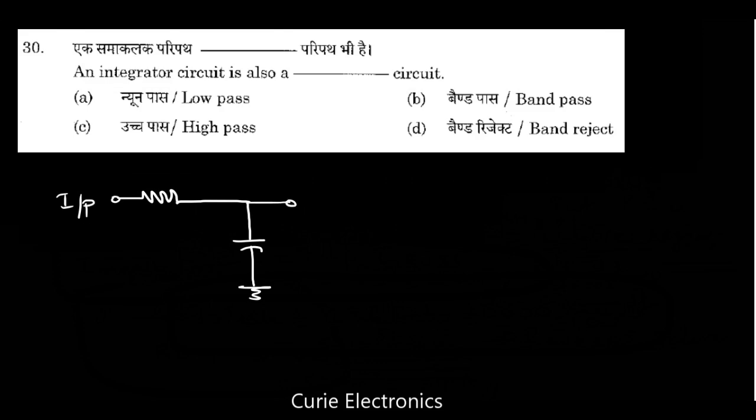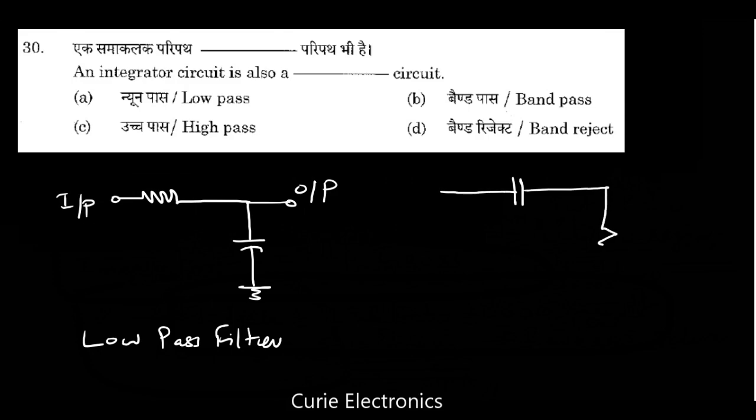If you look at this circuit carefully, it will allow DC. That means it is a low pass filter. Similarly, we have a high pass filter, which is a capacitor and a resistor connected like this, an RC circuit.